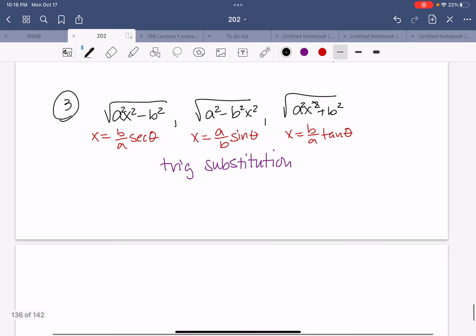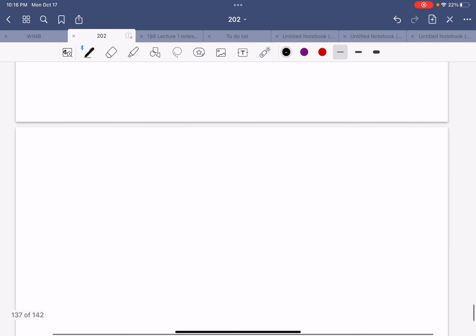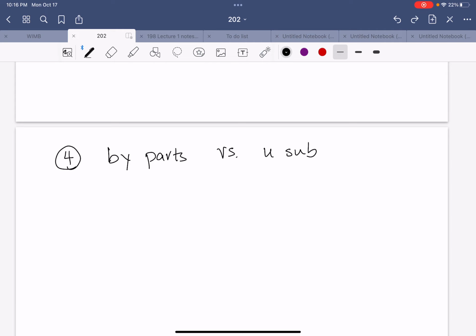And so that leaves by parts versus u sub. The difference here is that for u sub, we're looking for a function and its derivative.